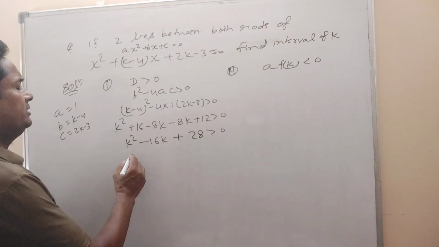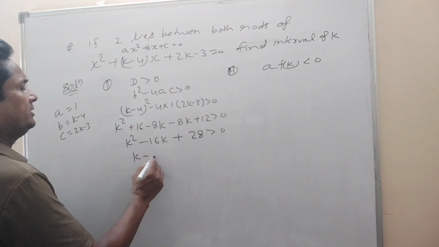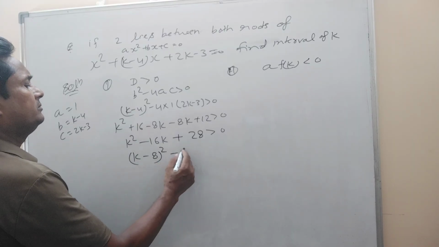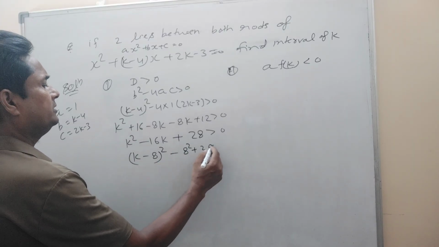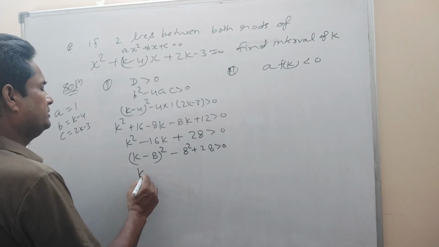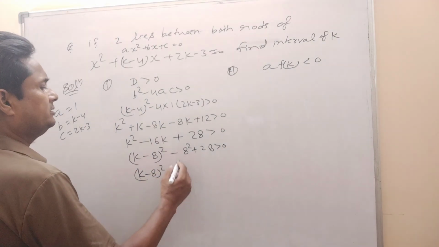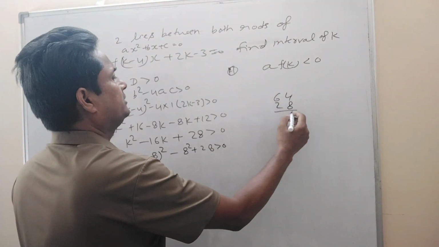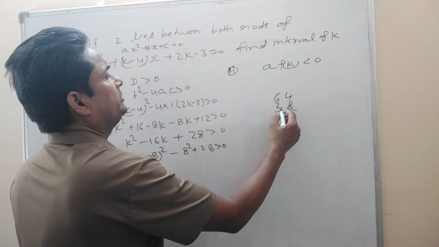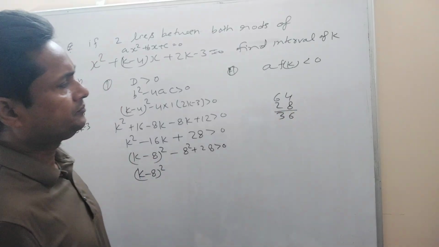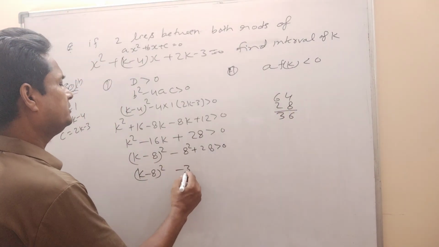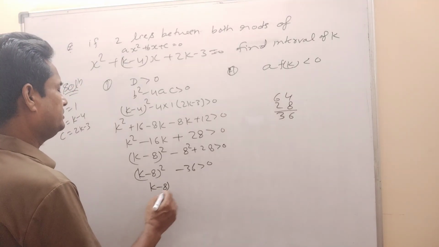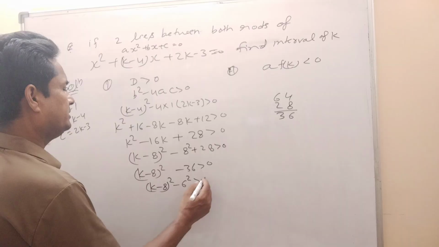Now make perfect square. It can be written as (k minus 8) whole square minus 8 square plus 28 greater than 0. So this is (k minus 8) whole square, 64 minus 28 is 36, so minus 36 greater than 0. So it will be (k minus 8) whole square minus 6 square greater than 0.